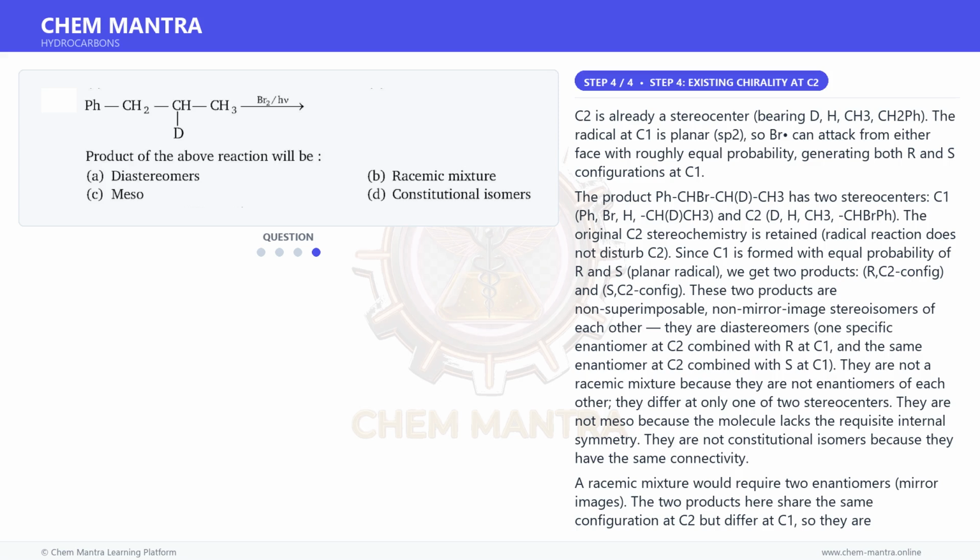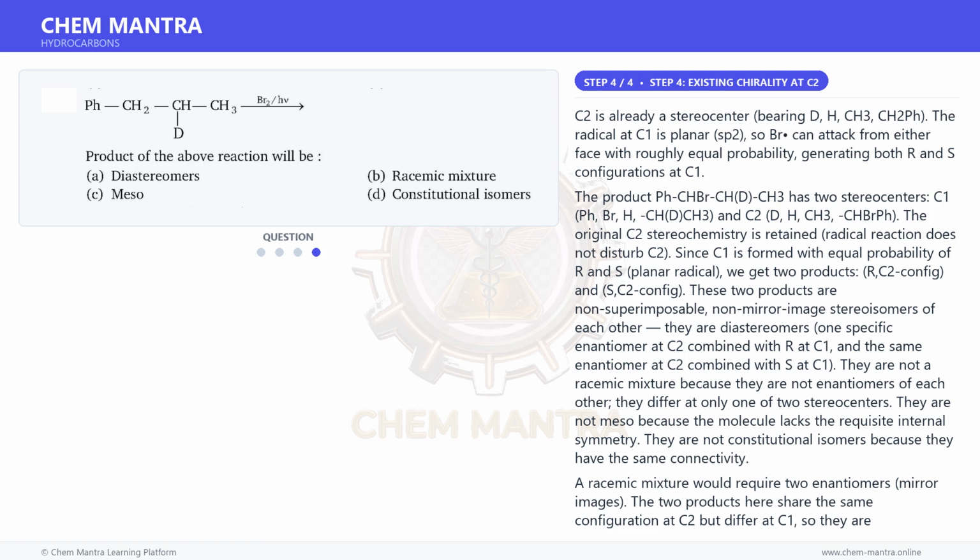And for the final step, C2 is already a stereocenter bearing D, H, CH3, CH2Ph. The radical at C1 is planar, sp2, so Br can attack from either face with roughly equal probability, generating both R and S configurations at C1.